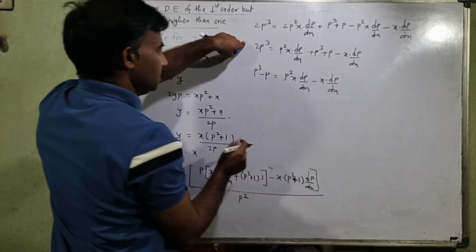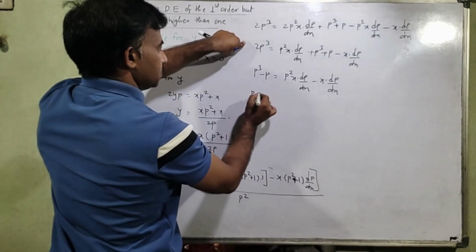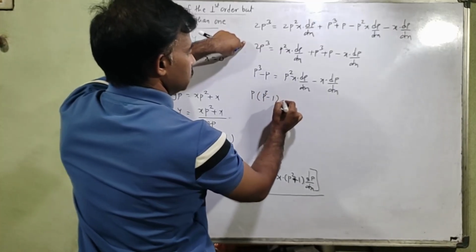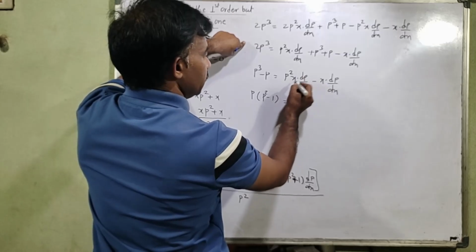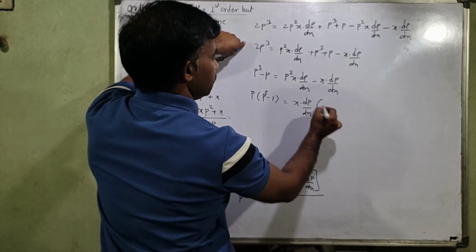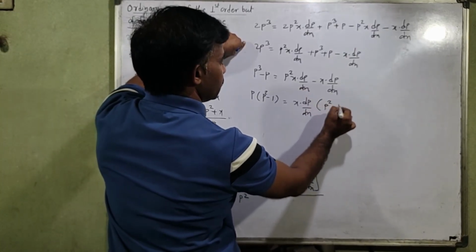Okay, and here p is taken common and p square minus 1 is here. Then here also x dp by dx is taken common, and inside the bracket p square minus 1 is here.